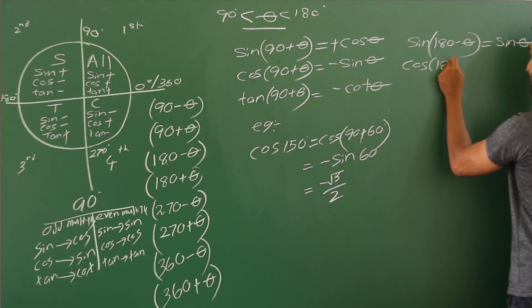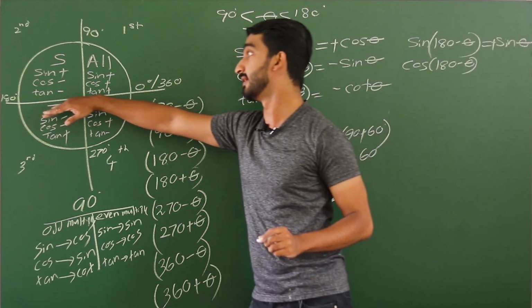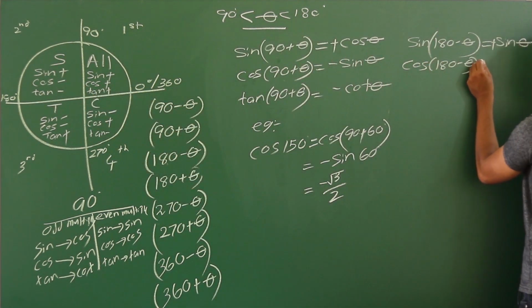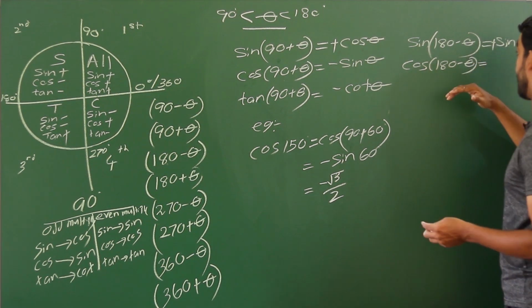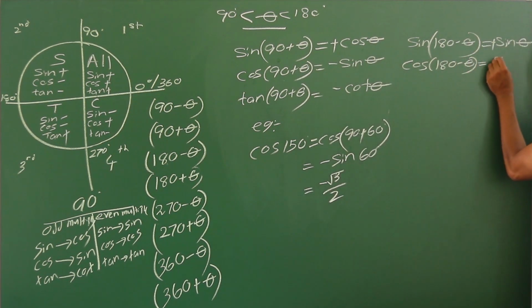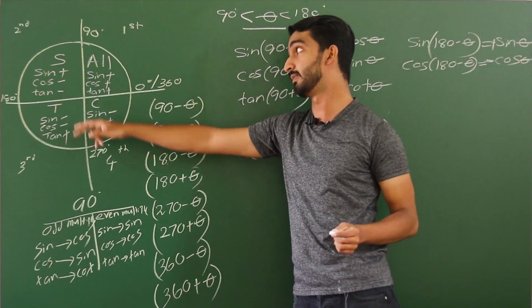And this is positive because 180 minus theta means entry into the second quadrant, where sine is positive. Now cos 180 minus theta is in the second quadrant but an even multiple, so cos will remain as cos, but it is minus because this is the second quadrant, and cos can't be positive.